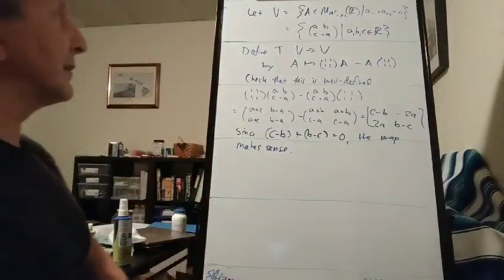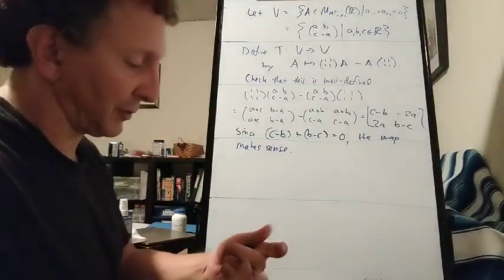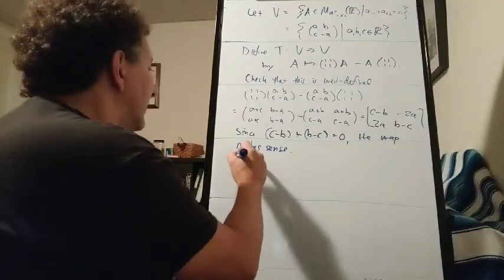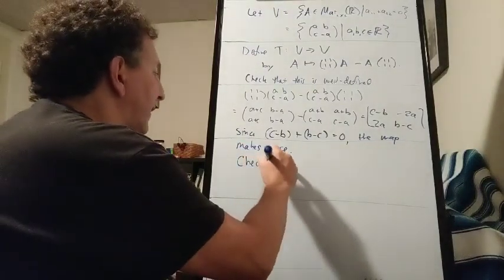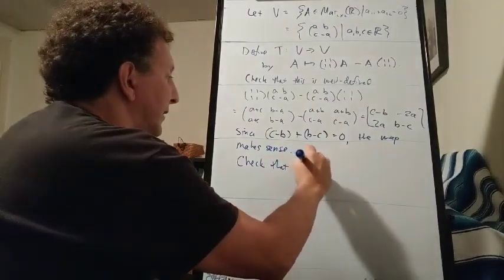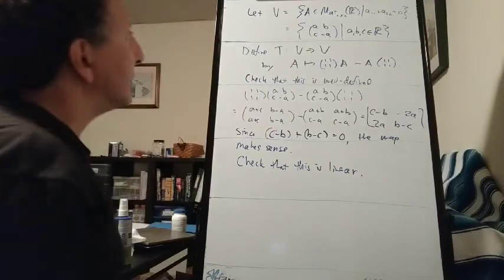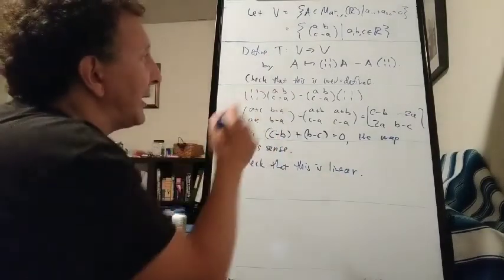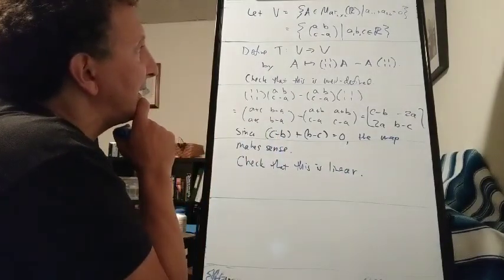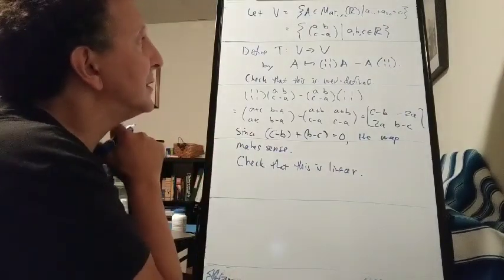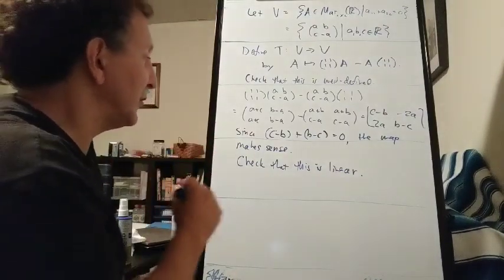All right, next thing that should be on our mind is, is this linear, because we're studying linear maps. So let's check that this is linear. So if we replace A by something like constant A1 plus constant A2, what does a linear transformation do to that?